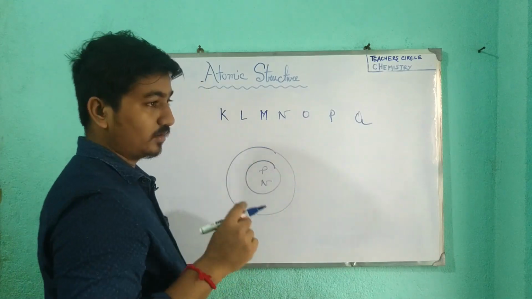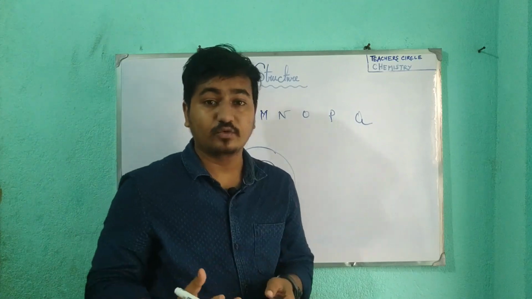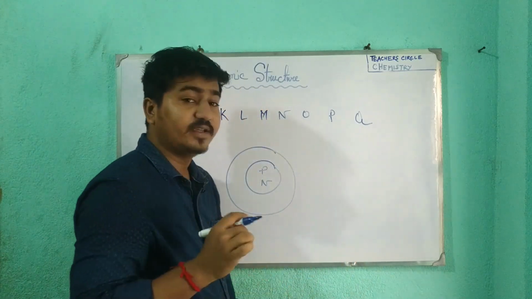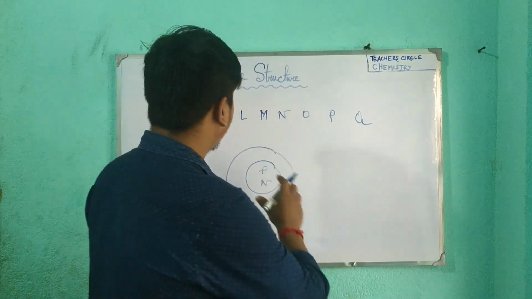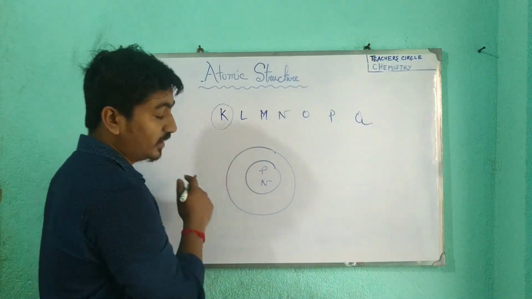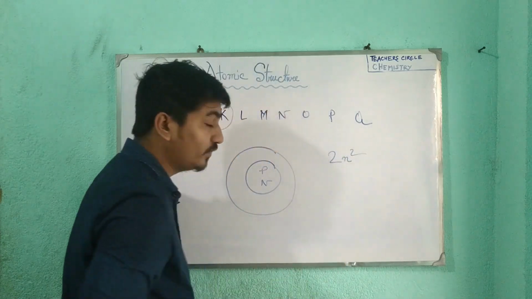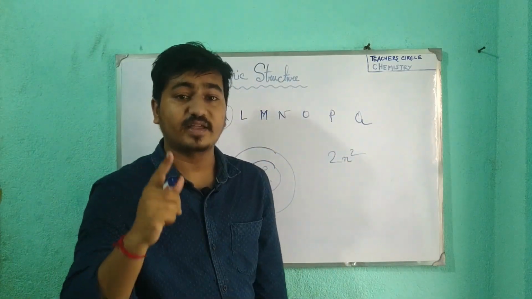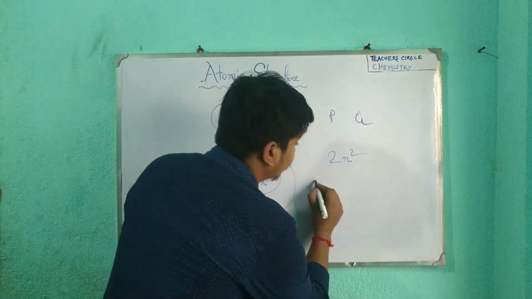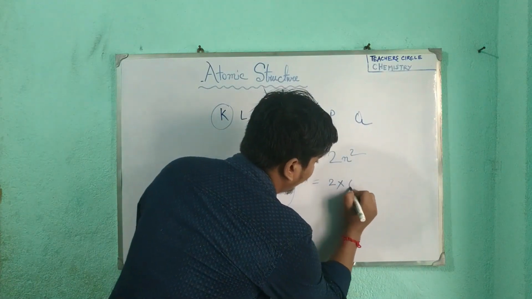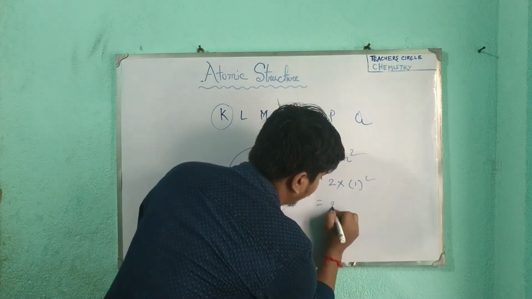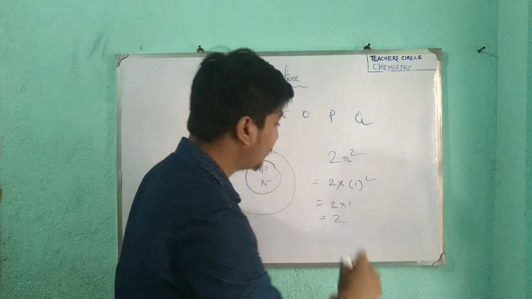To calculate it, we have to know first: there is a very easy formula to calculate the maximum number of electrons in a fixed orbit, that is 2n square. How will we calculate it? For the K cell, that is the first cell, 2 into 1 square, that is 2 into 1, equal to 2.